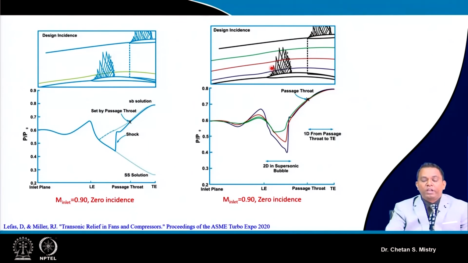Here, this represents what is happening with the pressure distribution for the green, red and blue lines. Since the first is more towards the acceleration region, we have more acceleration here.